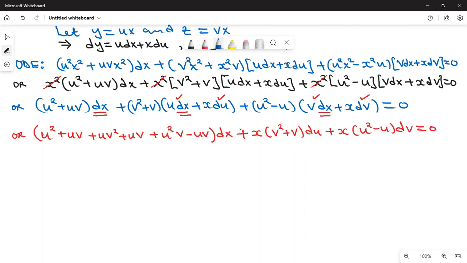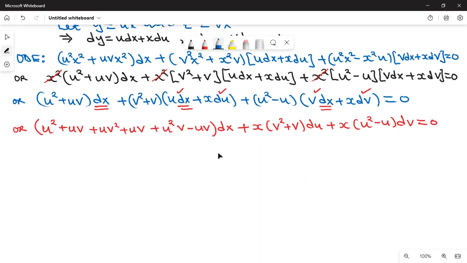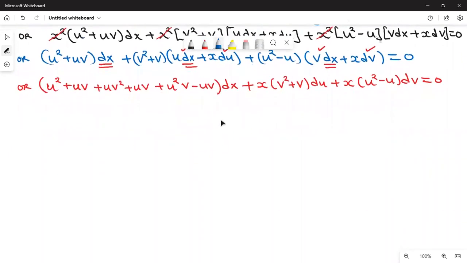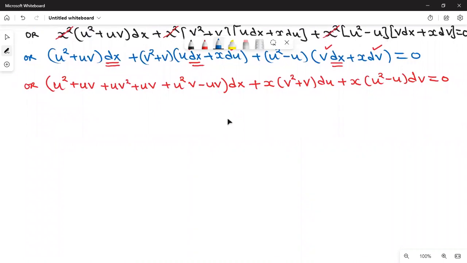And I can now simplify this equation. Look at the first term. That can be factorized. I can see u squared and another u squared, factor out u squared, so that we have 1 plus v. Then, of course, the uv will cancel with this other uv. So I remain with these other two.